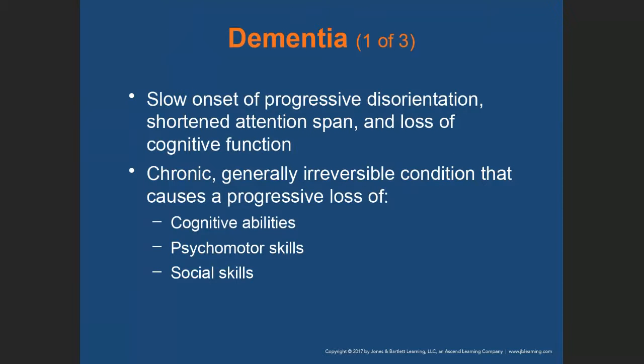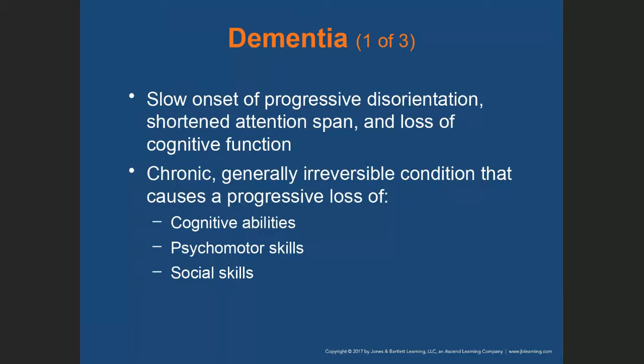Now, dementia, which is irreversible, is the slow onset of progressive disorientation, shortened attention span, and loss of cognitive function.